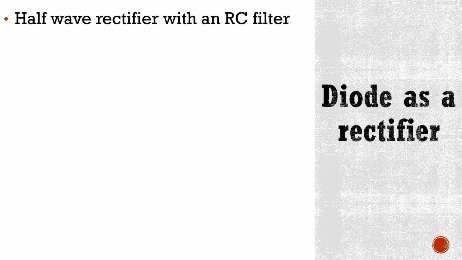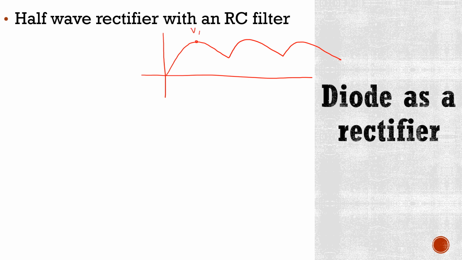We know that the output waveform of a half wave rectifier with an RC filter is like this, where this point is Vp and this is ripple voltage. Now we will find peak to peak ripple voltage. For this we have to find minimum and maximum values of this ripple voltage.